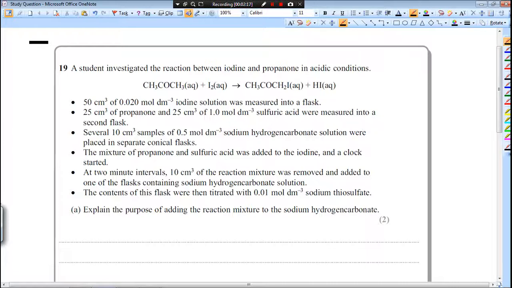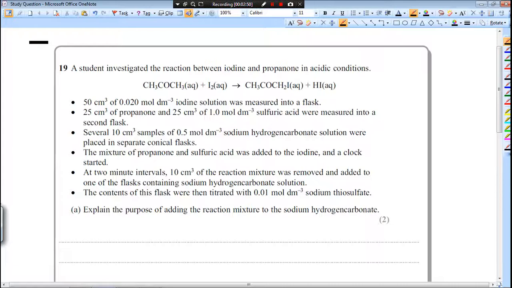The mixture of propanone and sulfuric acid was added to the iodine, and the clock started. So we have added the previous mixture to the iodine, the reaction started, and we have started the clock. At 2-minute intervals, 10 cm cube of the reaction mixture was removed and added to one of the flasks containing sodium hydrogen carbonate solution.